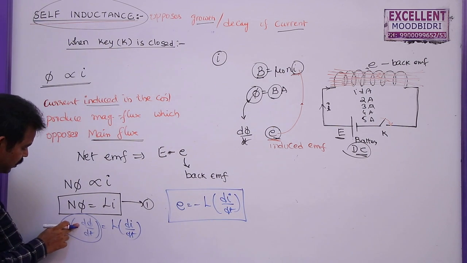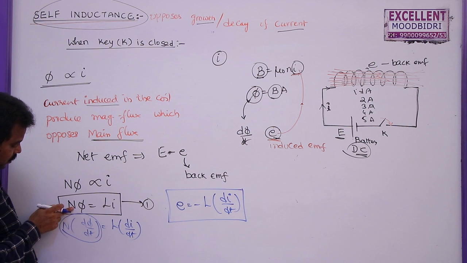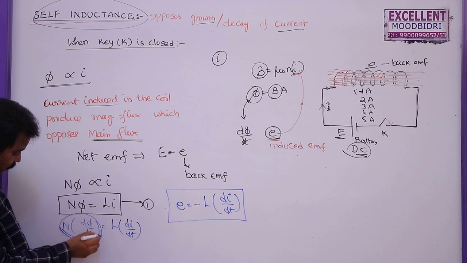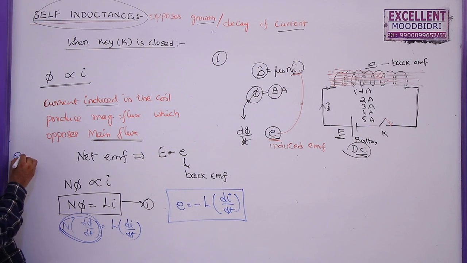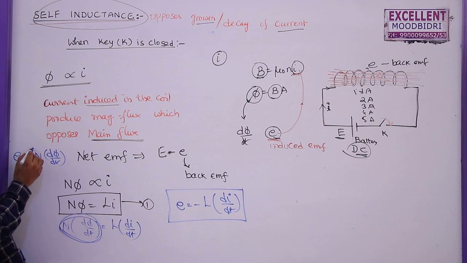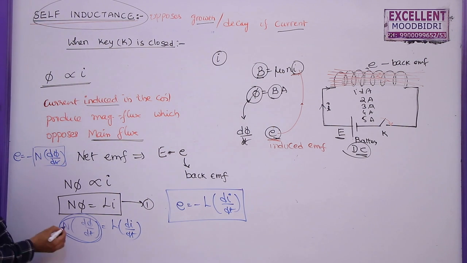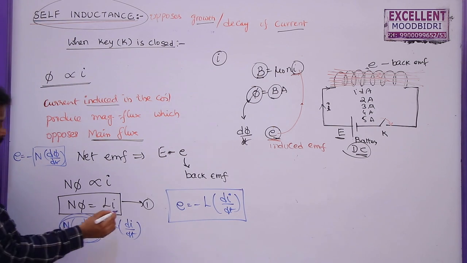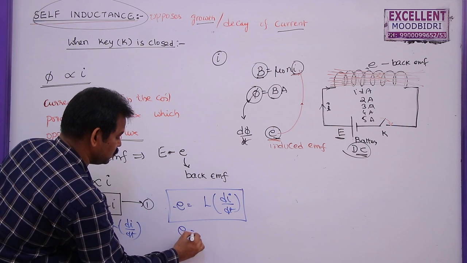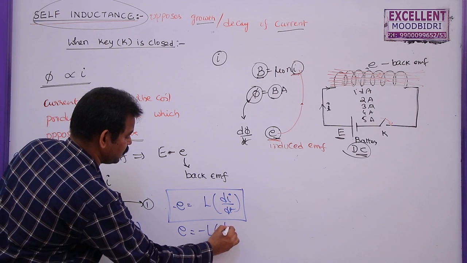Here actually the minus is not there. If you differentiate, N stays as N, d phi by dt is equal to L di by dt. But N d phi by dt is not EMF. EMF is equal to minus N d phi by dt. So N d phi by dt is nothing but minus E. That's why in place of N d phi by dt I am writing minus E is equal to L di by dt. So the EMF induced in this coil due to the rate of change of current in the coil is called self-induction.